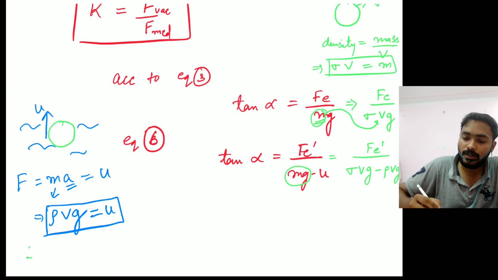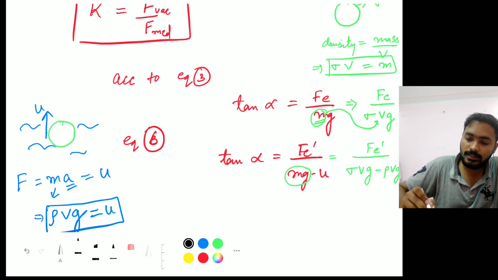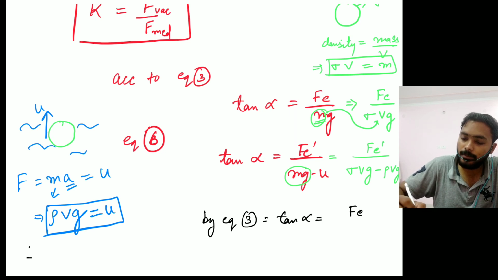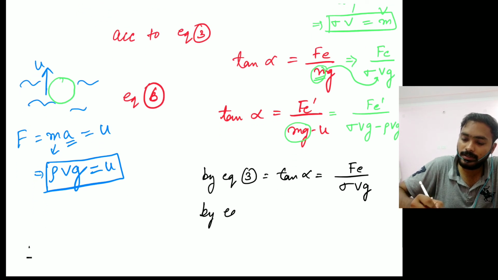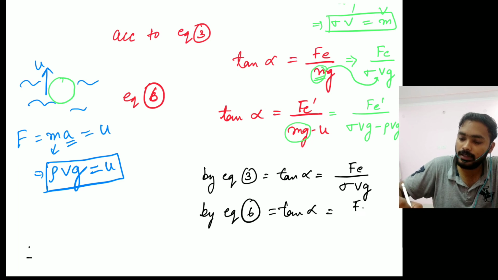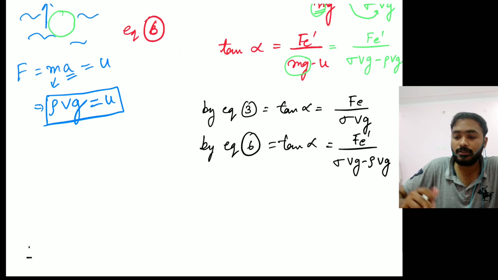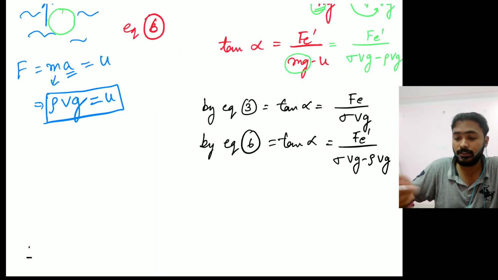Okay, great. So I got two things here. First, by equation 3 you got your tan alpha to be Fe upon sigma Vg, and by equation 6 we got our tan alpha to be Fe dash upon sigma Vg minus rho Vg. All we have to do is equate both of them, tan alpha equate both of them.